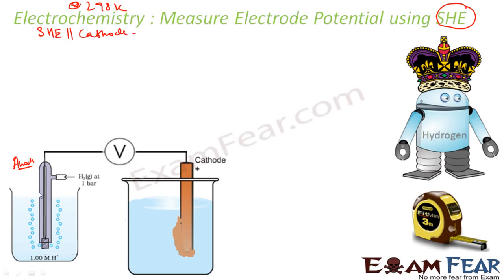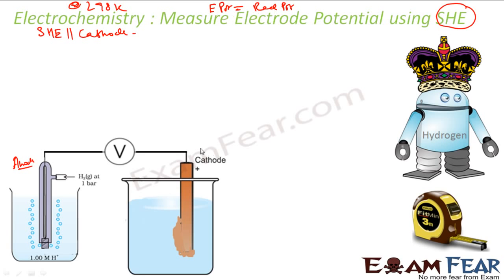So the first question is, why did I take the standard hydrogen electrode as the anode? See, we need to find the reduction potential, right? Because the electrode potential is nothing but the reduction potential, correct? And IUPAC says reduction potential is nothing but electrode potential.